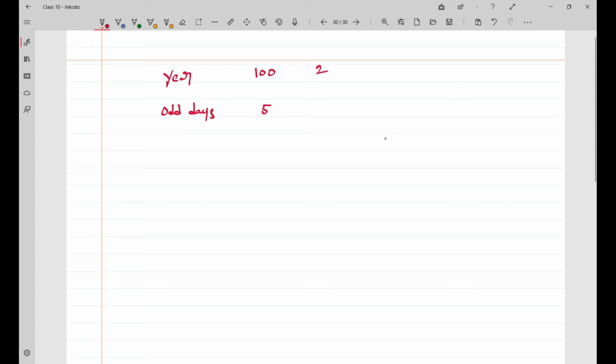Now let's see for 200. 200 can be written as 2 into 100. In 100 years, we got 5 odd days. So we can write 2 into 5, that is equal to 10. Again 10 divided by 7. 7 1s are 7, so 10 minus 7 is 3. So odd days in 200 years is 3.